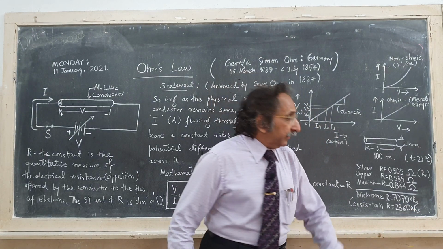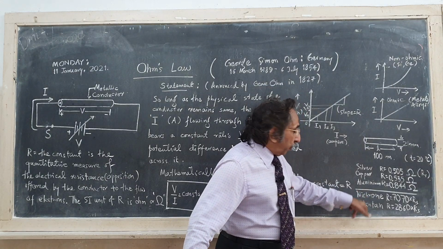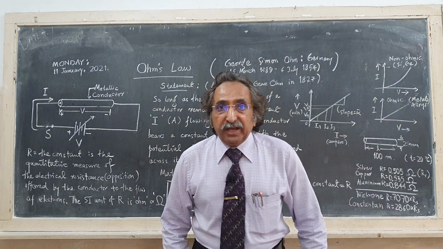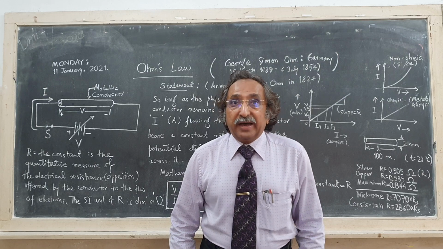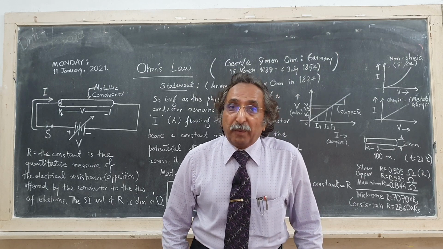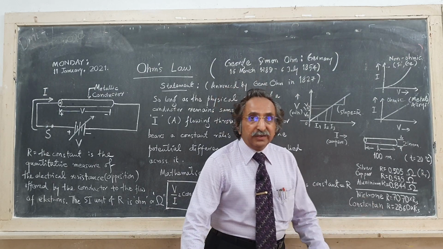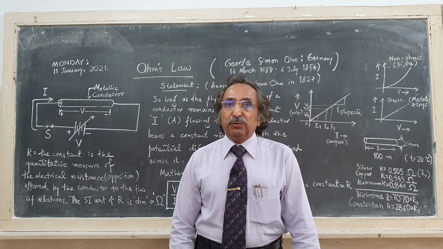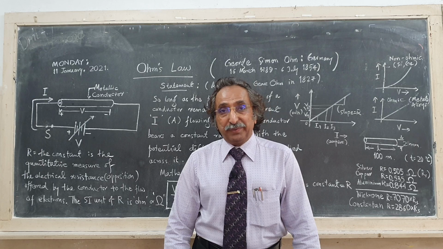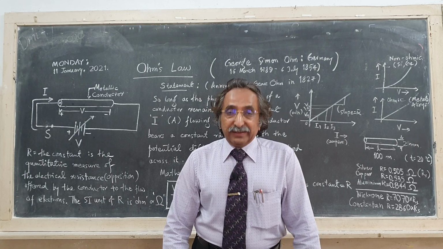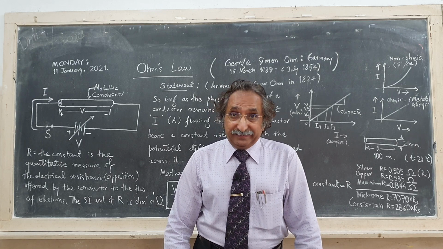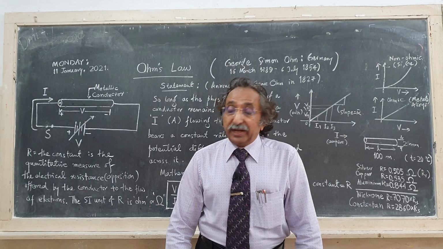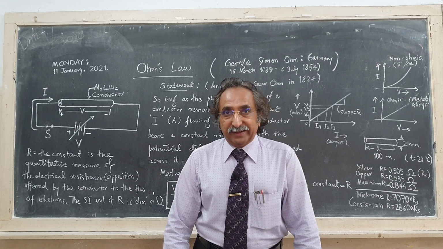This shows that these alloys have very high resistance, and this is a useful property because they become useful in applications where electricity needs to be converted into heat, for example water heaters, cooking plates, electric irons and things like that.